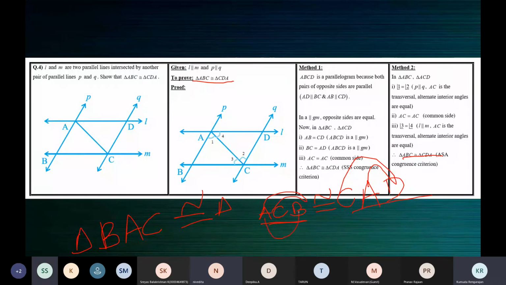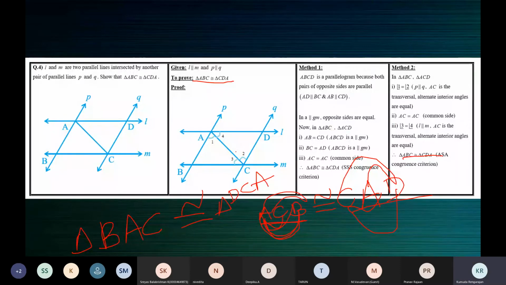So it will be DCA. If you say BAC, then you must say DCA. Yes or no, children? Yes, ma'am.